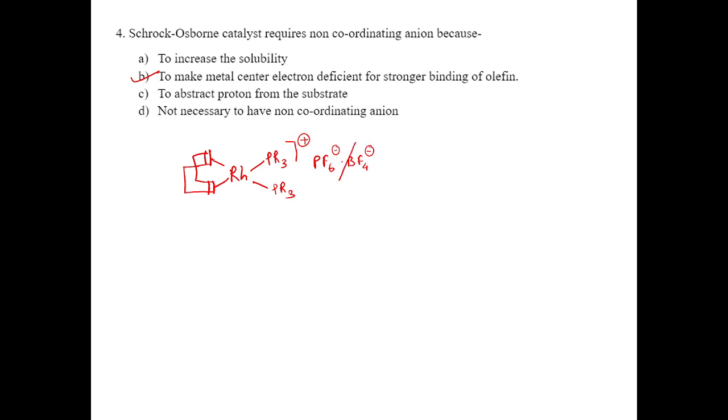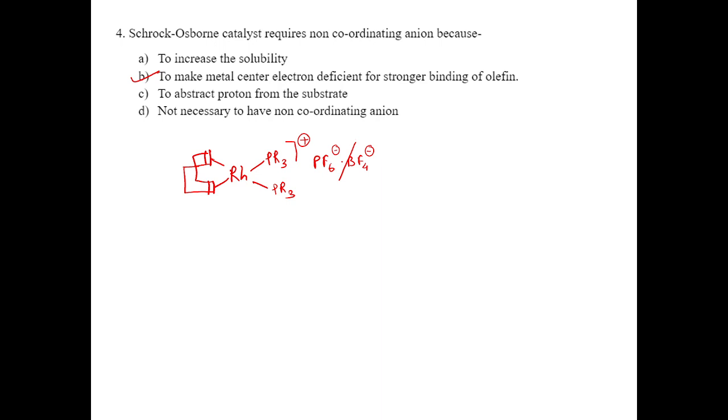Due to the presence of this non-coordinating anion, it is not coordinating to the metal center, but it decreases the electron density at the metal center. So the metal can more efficiently bind to the olefin.